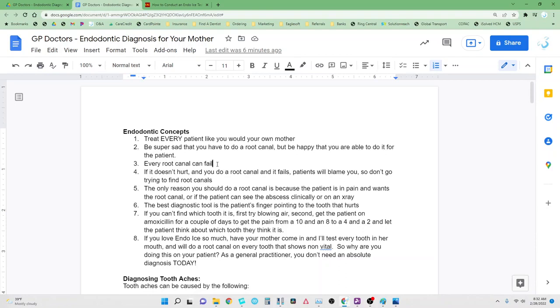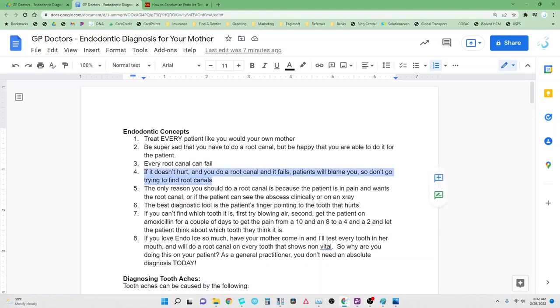So there is a probability of that root canal failing. If that's the case, we should try to avoid doing root canals unless we're absolutely sure that it needs a root canal. Okay. Another concept here.